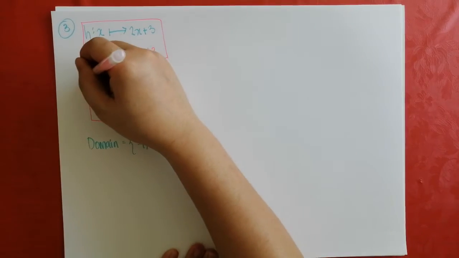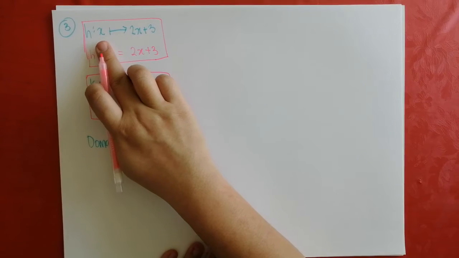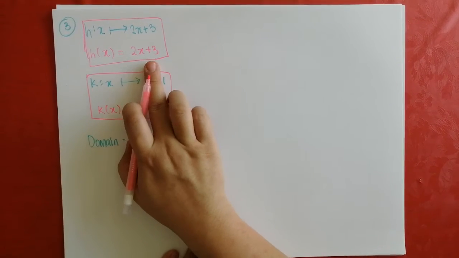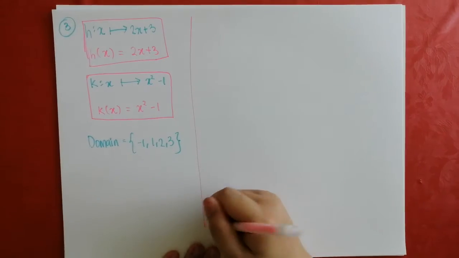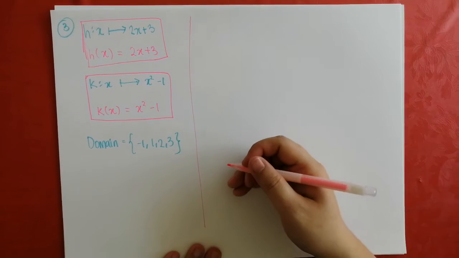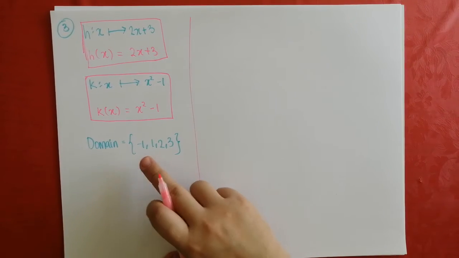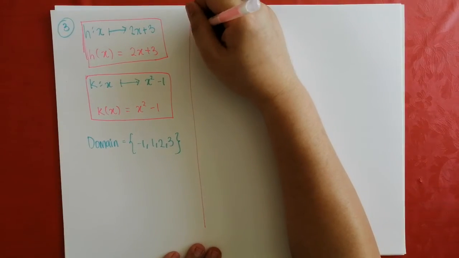So I'm just rewriting h maps x onto 2x plus 3 to become h of x is equals to 2x plus 3. Our first task here is to find the range of h. In order to find the range of h, what you need to do is substitute the domain into our function h.